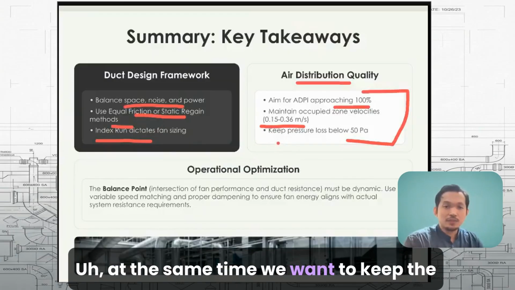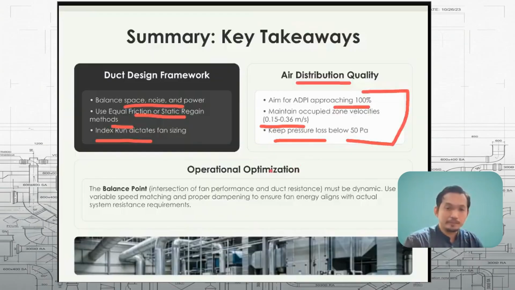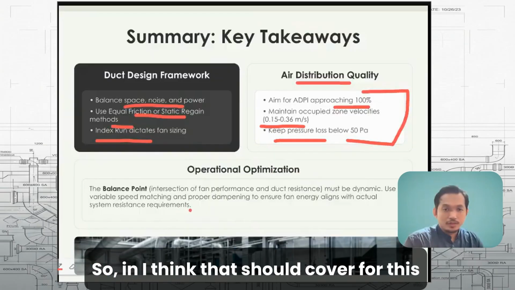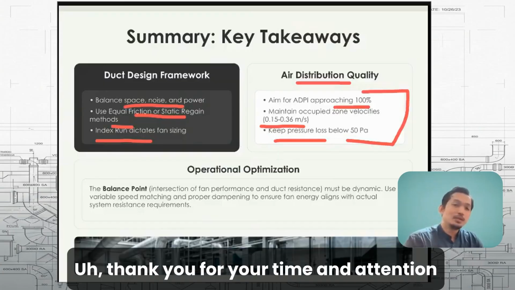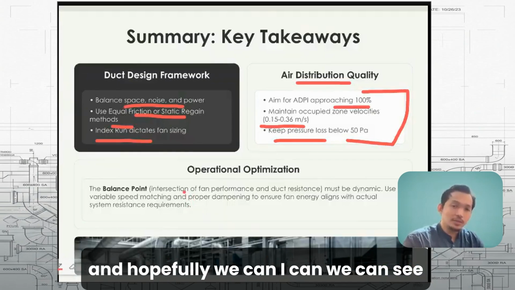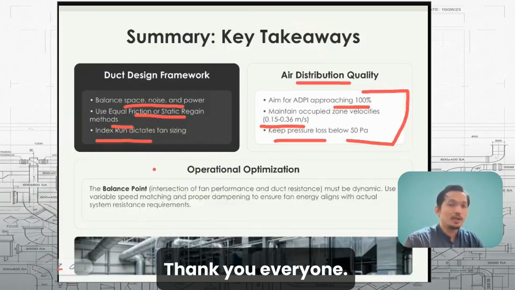At the same time, we want to keep the pressure loss below 50 Pascal at the grill, right? So I think that should cover this particular topic. Thank you for your time and attention, and hopefully we can see you in the next series. Thank you, everyone.